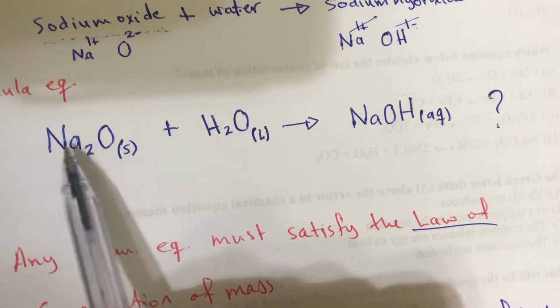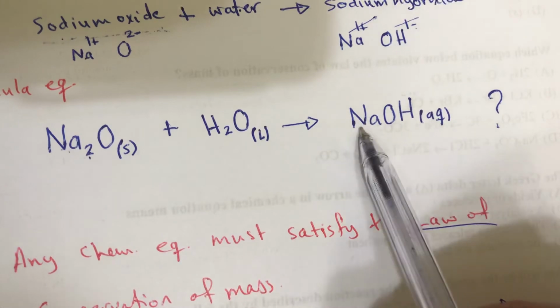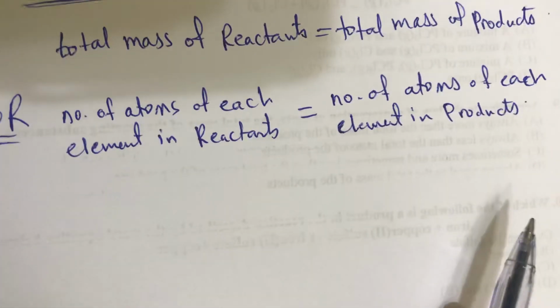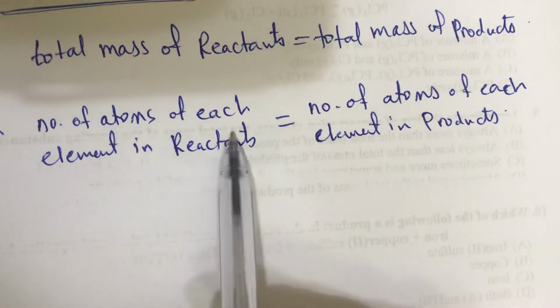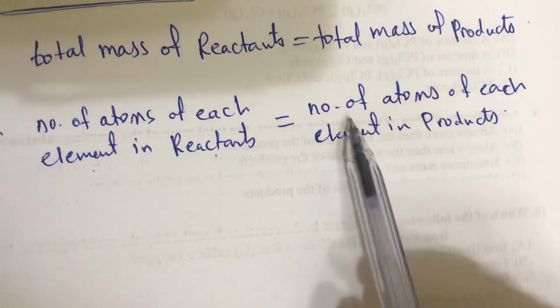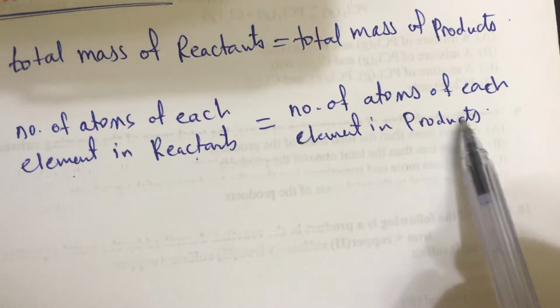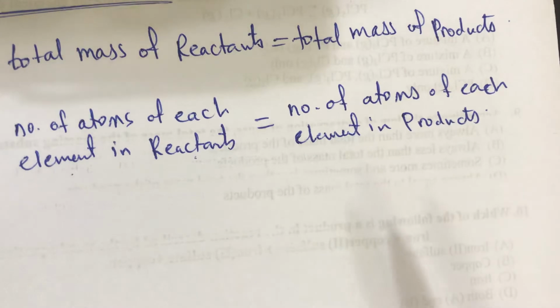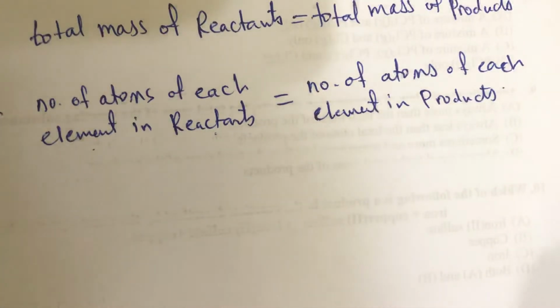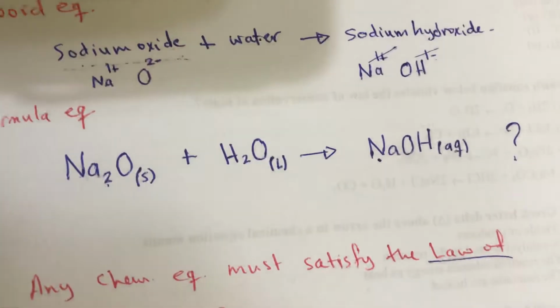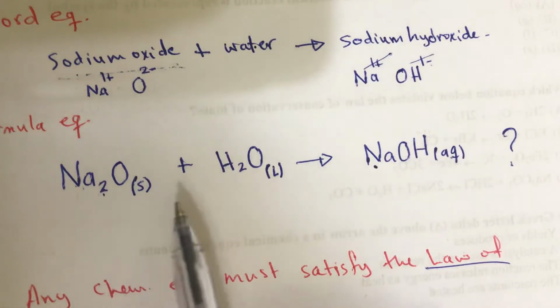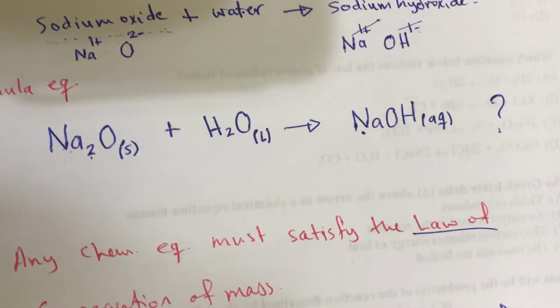Here you have 2 sodium atoms, but here 1. So how to make number of atoms of each element in the reactant equal to number of atoms of each element in the product? So you have to multiply the element or compounds by a coefficient.